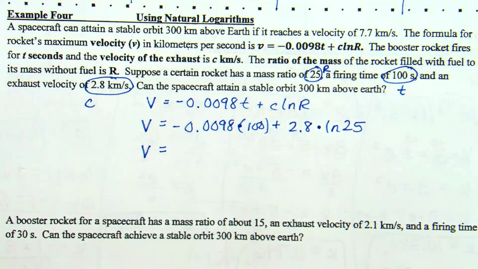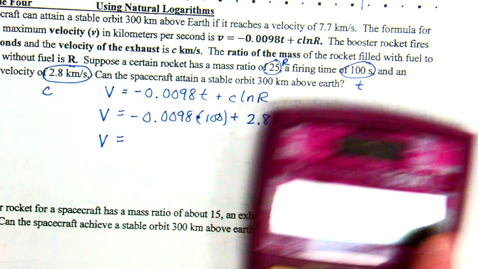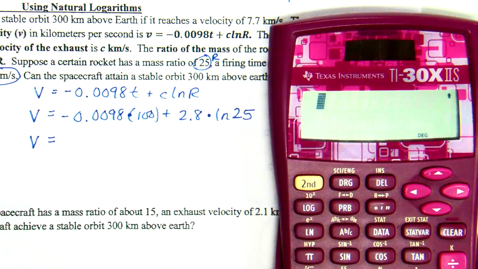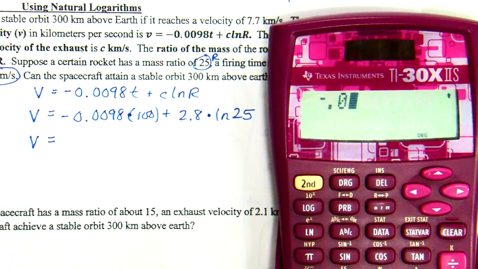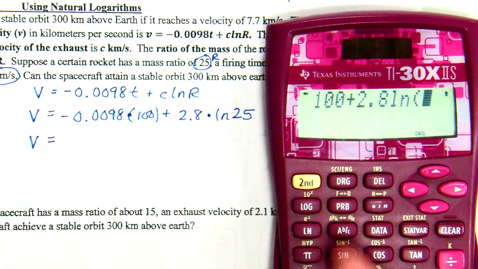Now, on my calculator, honestly, I can enter this all at once. If you have to do things a little backwards, you're going to have to do it in pieces. Do your multiplications and then you're adding. For me, I can just type it in. So, negative 0.0098 times 100 plus 2.8 times natural log of 25.